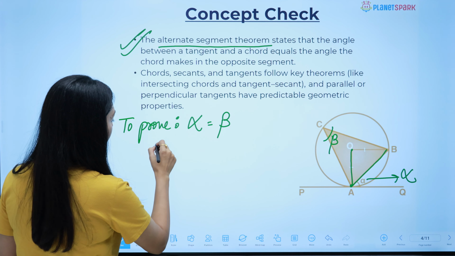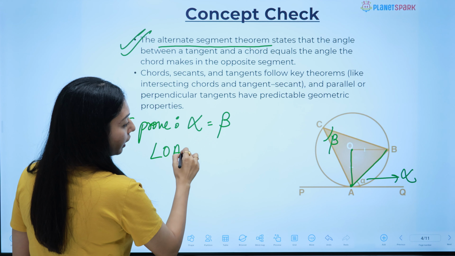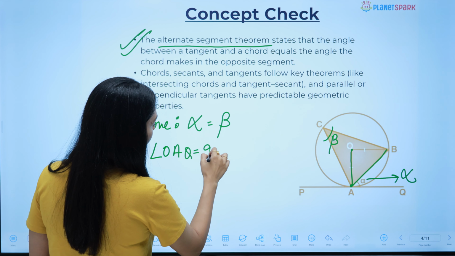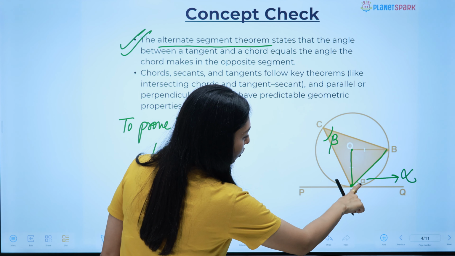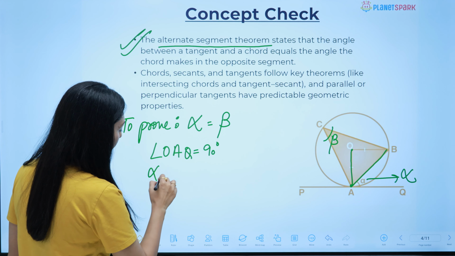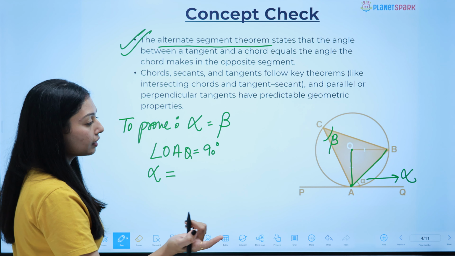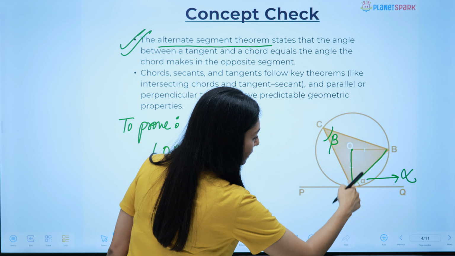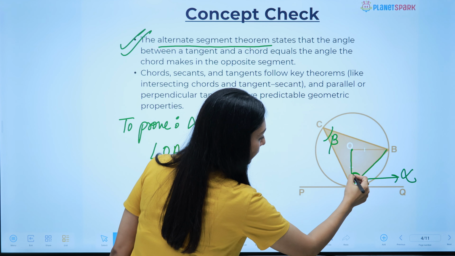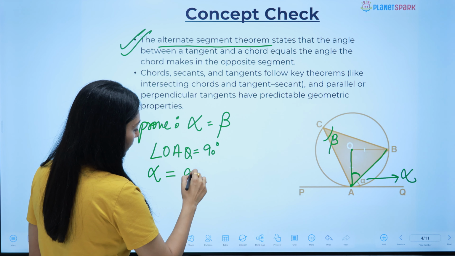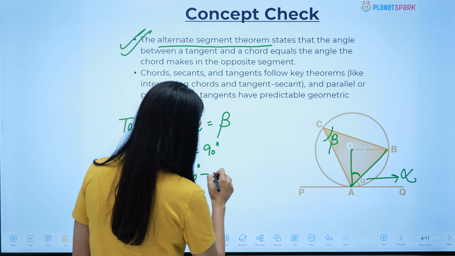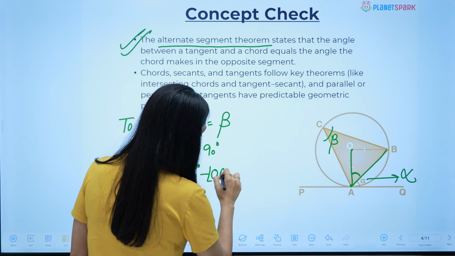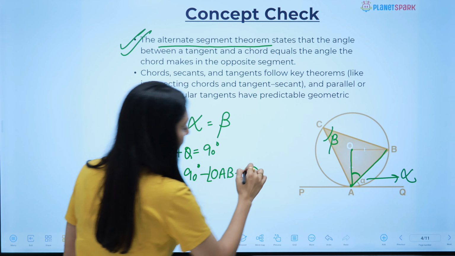So, I can say here, angle OAQ is equal to 90 degree, right everybody? यहाँ से if I want to write alpha, how can I write alpha in term of these angles? Yes, I can say alpha is this 90 degree angle minus this angle, right? So I can write it as 90 degree minus OAB, this angle, OAB. Let's say this is equation 1.